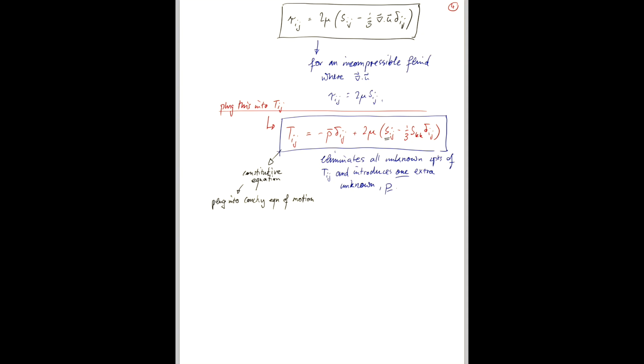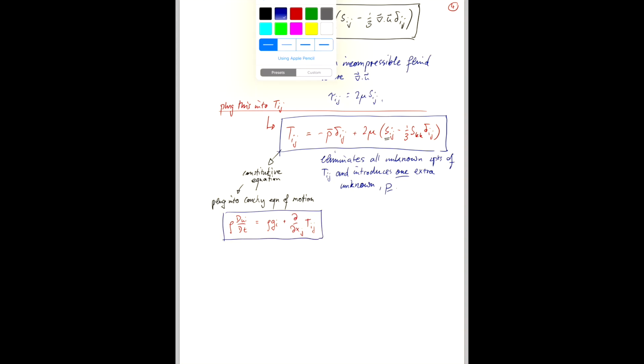And just to recall, Cauchy equation of motion is the following. So if I substitute this in, number one for Tij, I end up with the following equation.